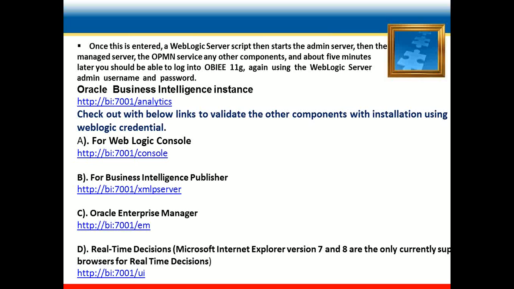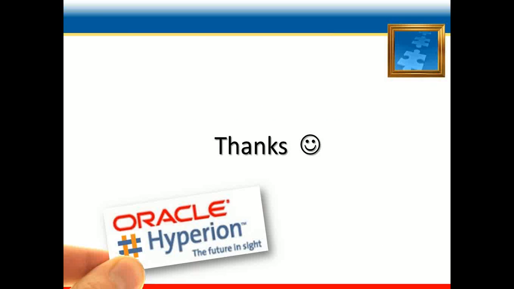Then we can check Real-Time Decisions with this UI link of the web URL, and here I have mentioned one point: Microsoft Internet Explorer versions 7 and 8 are the only currently supported browsers for Real-Time Decisions.